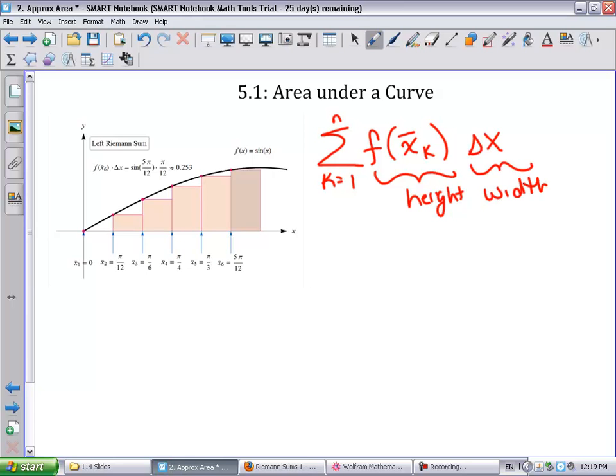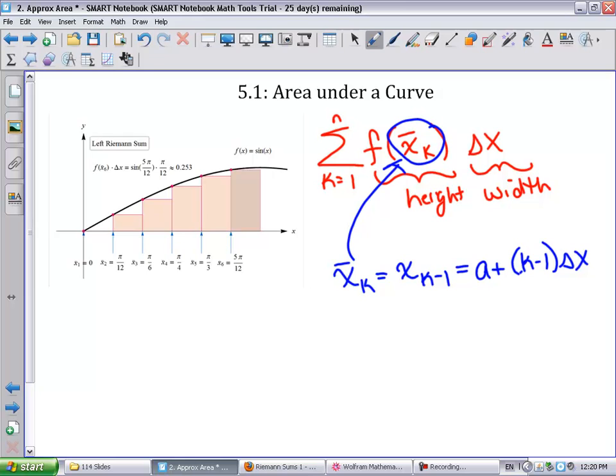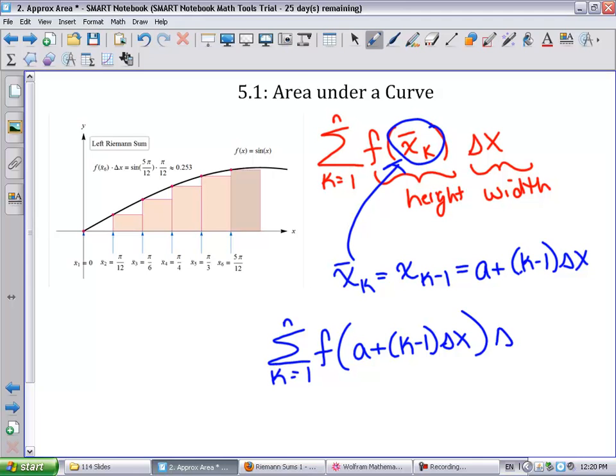But this time, the x bar k is actually the grid point x sub k minus 1. So that's actually going to be a plus k minus 1 delta x. So our formula for the left endpoints is k goes from 1 to n, f of a plus k minus 1 delta x times delta x.